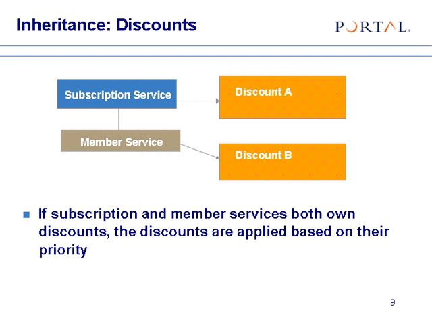As far as discounts go, discounts are a little bit different. When you need to rate something, obviously you want to select one rate plan. When you want a discount, you can apply multiple discounts. So if a member service has a discount and the subscription service has a discount, the discounts are applied in priority order, but they will both be applied as long as they match.